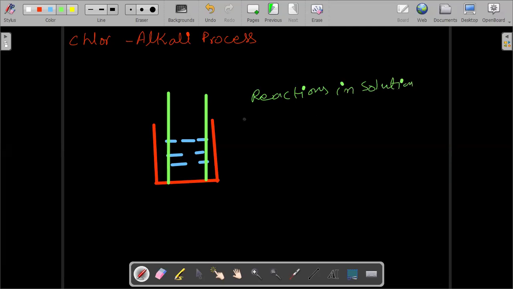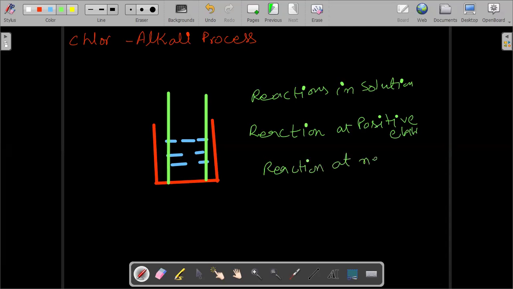Then you will write the reaction at the positive electrode, and then the reaction at the negative electrode. Write down these reactions.